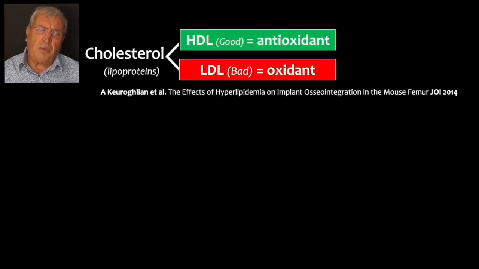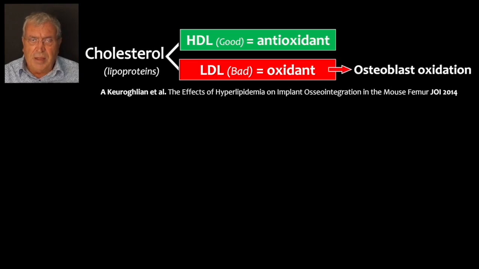We know the cholesterol. We have two kinds of cholesterol. It's the HDL, which is the good one because it's an antioxidant. And the LDL is the bad cholesterol because it's an oxidant. And then the LDL will induce osteoblast oxidation.